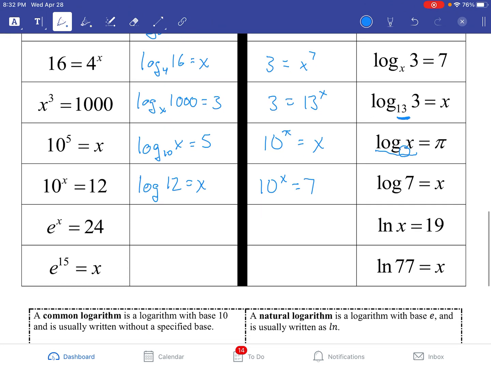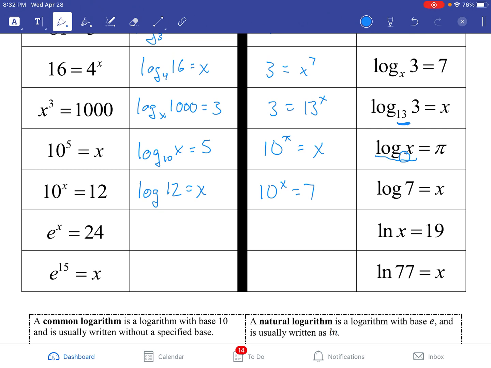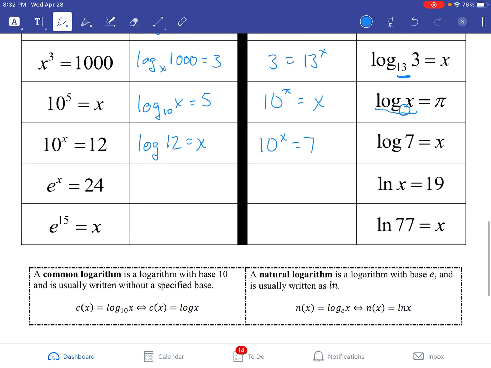Now the other thing about logs is there's something called a natural log, which we're going to get to in just a second. You can see it down here. Natural log uses a base of e. E is a number, much like pi is. Pi is 3.14. E, I think, is 2.78, and then there's a bunch of different decimals behind it.